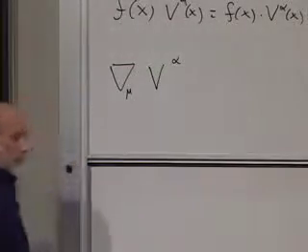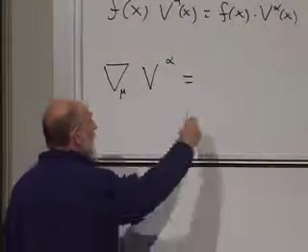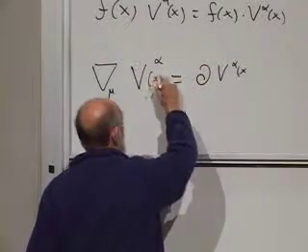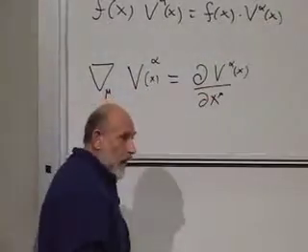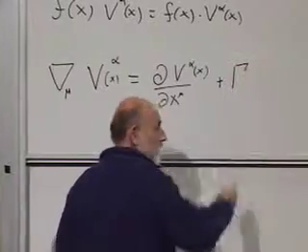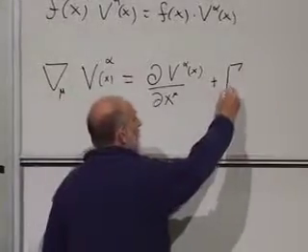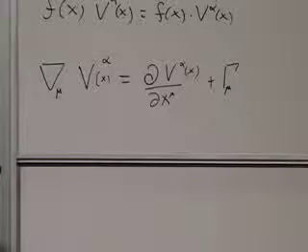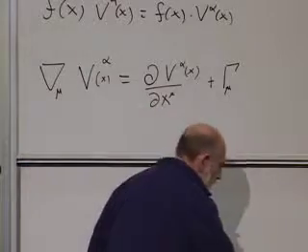with components v alpha is, by definition or by construction, the derivative of v alpha of x with respect to x mu plus, now, gamma, I'm just writing the usual expression for the covariant derivative, with an index down here, which, don't think of that as being a matrix index. I'm going to take the matrix indices and write them in red.